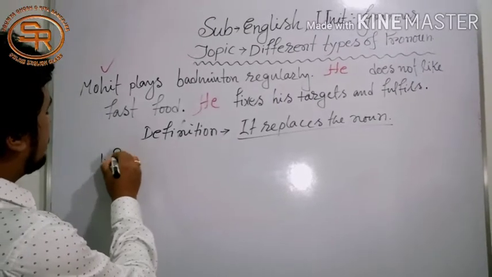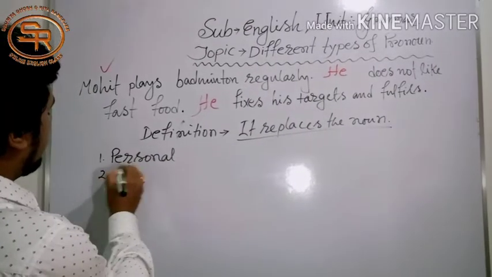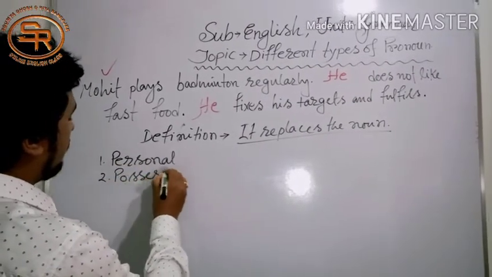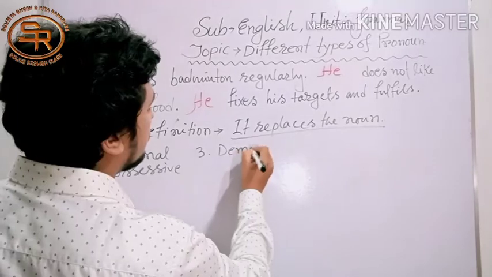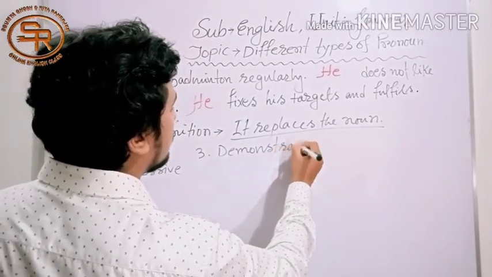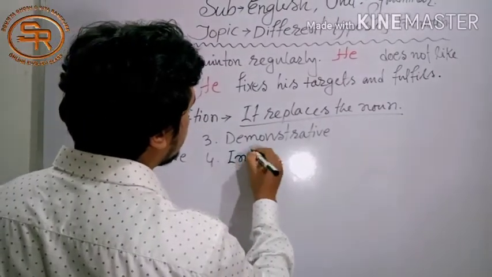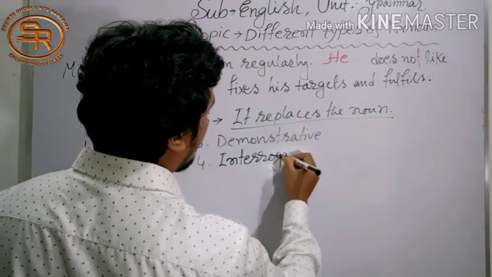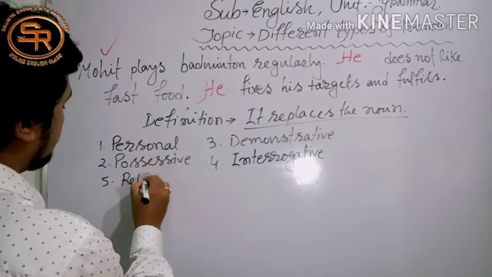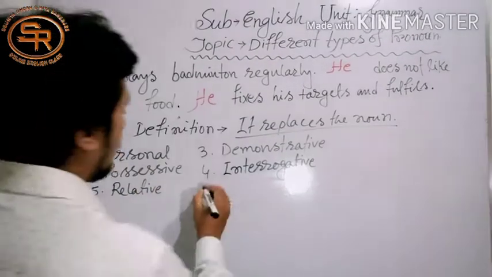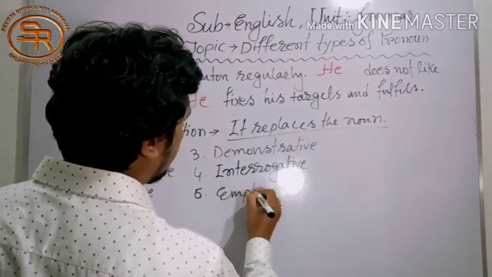Number 1, that is personal pronoun. Second, possessive pronoun. Third, demonstrative pronoun. Then interrogative pronoun. Next, the relative pronoun, and next, emphasis pronoun.